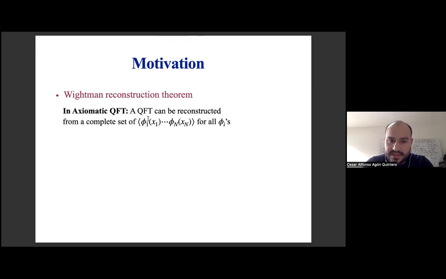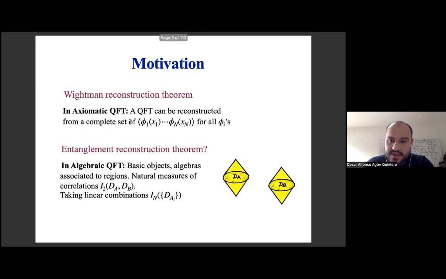So the motivation for this theorem is that we wonder whether something similar will happen also in terms of entanglement entropy quantities. Is there a possibility to actually have a full description of a QFT if we know all the entanglement entropies for any type of regions, in particular for the ground state of that particular theory? We know that the entanglement entropies are not actually well defined in QFT.